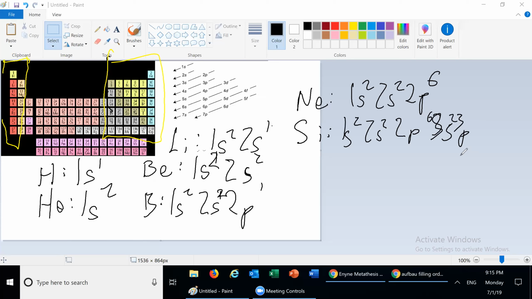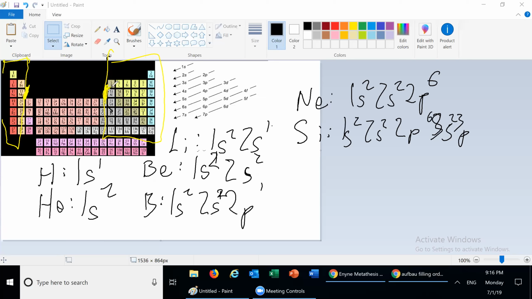So you're almost right. We have to start filling the 3p. Okay, so we're done filling the 3s orbital here, right? So now we're over here, and this is where we need to start filling the 3p orbitals.